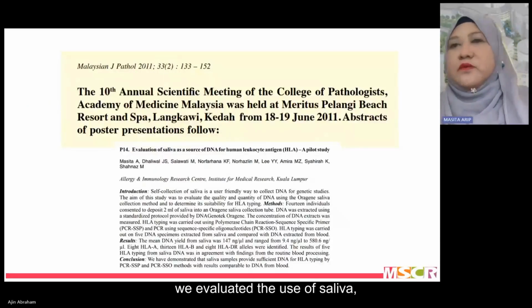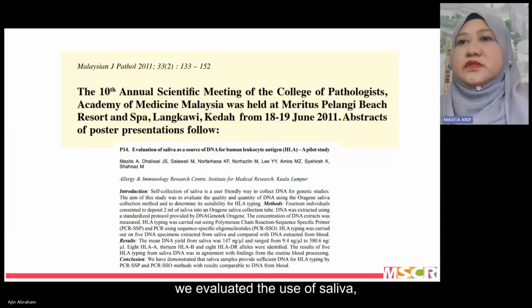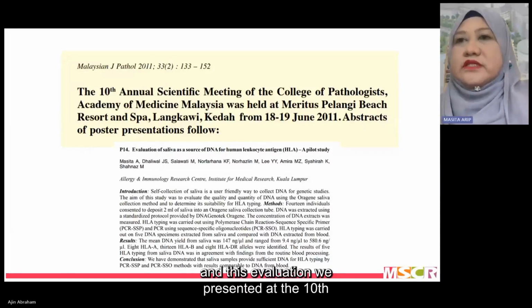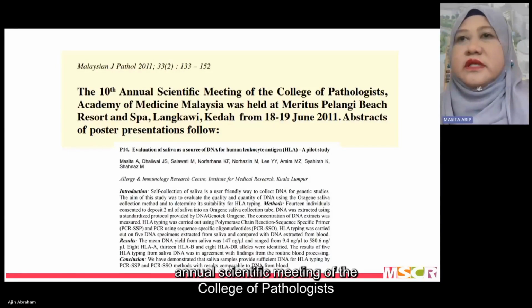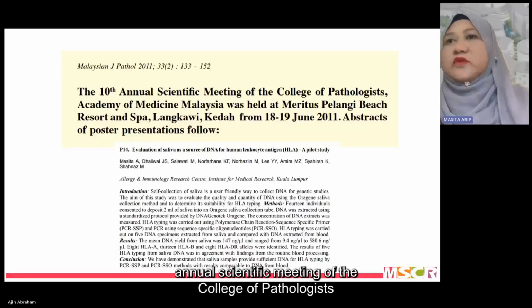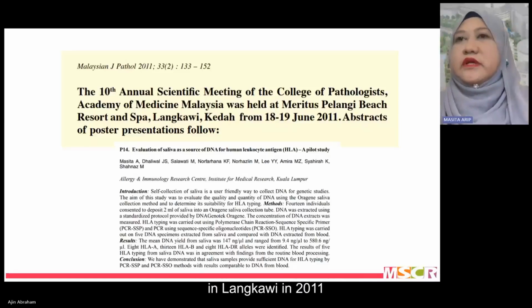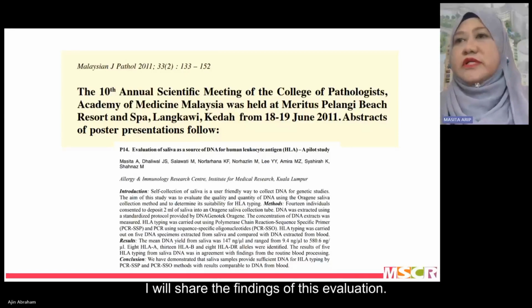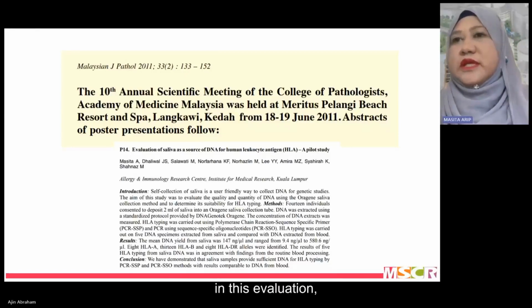Because of that, we evaluated the use of saliva, and we presented this evaluation at the 10th Annual Scientific Meeting of the College of Pathologists in Langkawi in 2011. I will share the findings of this evaluation next.